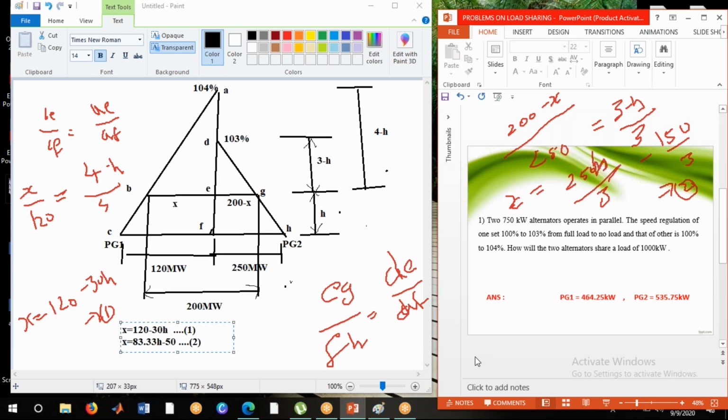$75, right? So 75 is what? What represents 75?